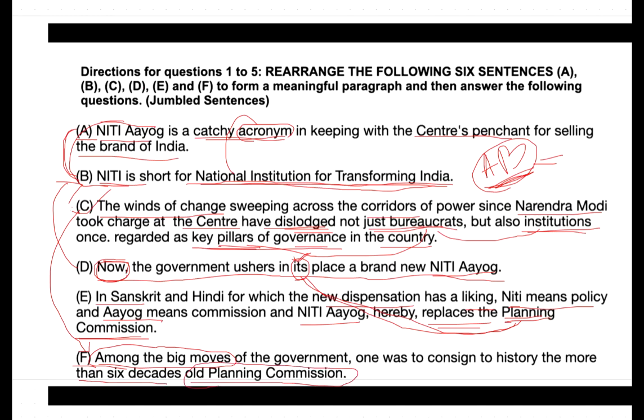So in that case, the idea which we point out here is that in option D, where we say that it will take the place of planning commission, instead of that, it could refer to this one, right? Why? Because it is stated among the big moves of the government, one was to consign to history the more than 6 decades old planning commission, right? And then after that you can point out, now the government asserts in its place a brand new Niti Ayog, right?